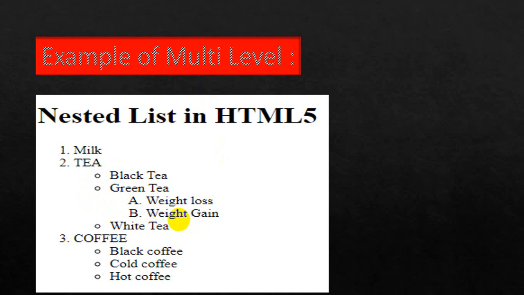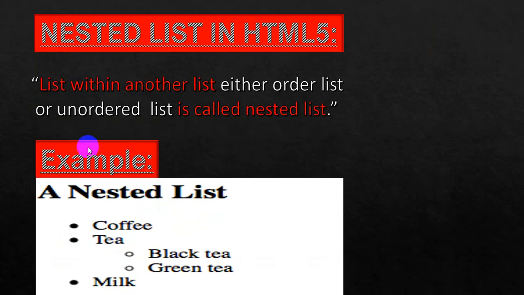Now our objective is to create a nested list. First we will create this type of simple nested list, in which we have some parent items and child items. As we know, we can create both ordered and unordered lists, so we can use both at the same time.